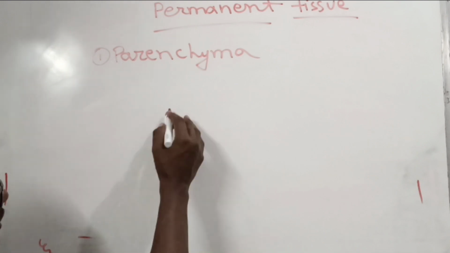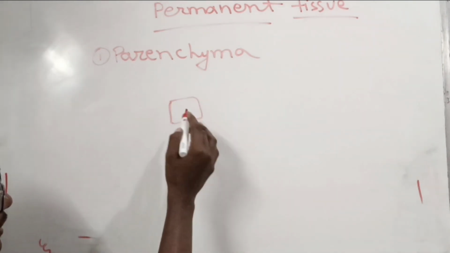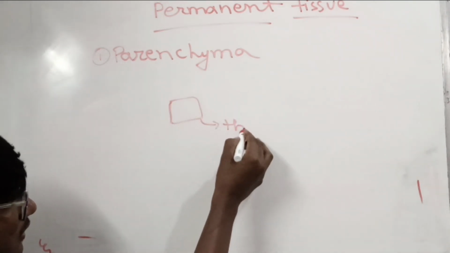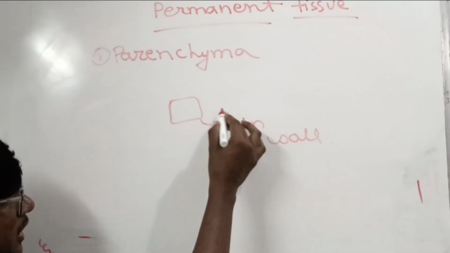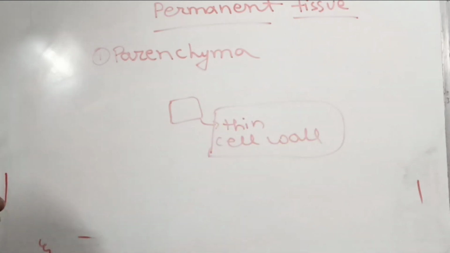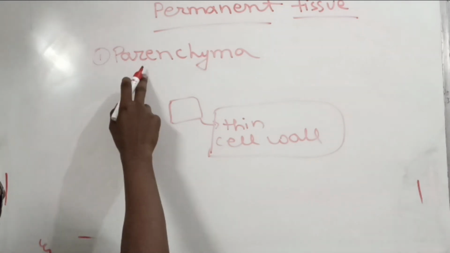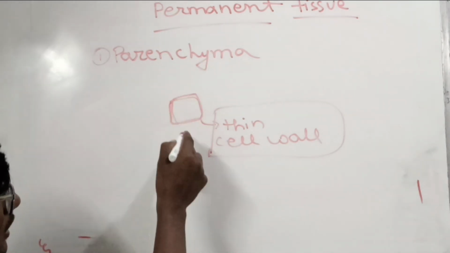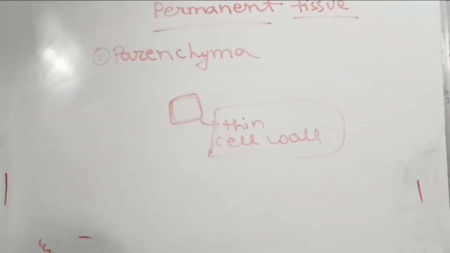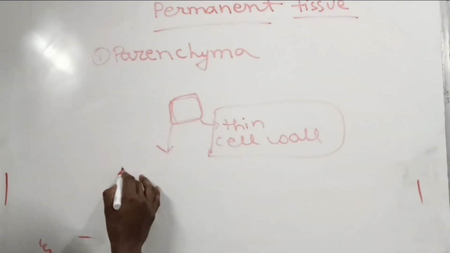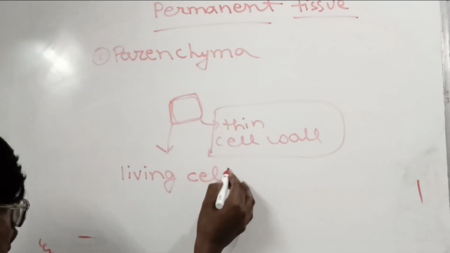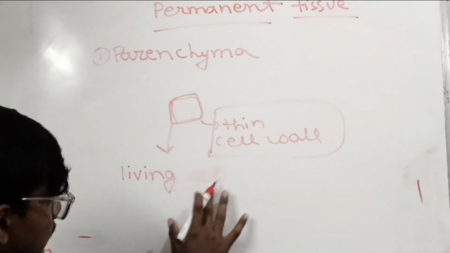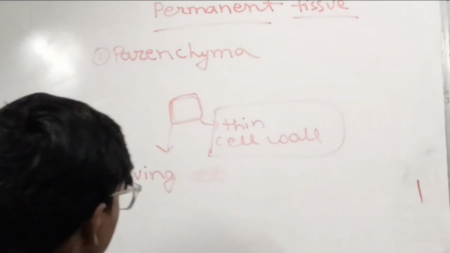Like suppose one cell, if you will take, this will have a thin cell wall. This is the main character of a parenchyma, you can say. The cells of this tissue will have a thin layer of cell wall, and because of this it will behave as a living tissue.